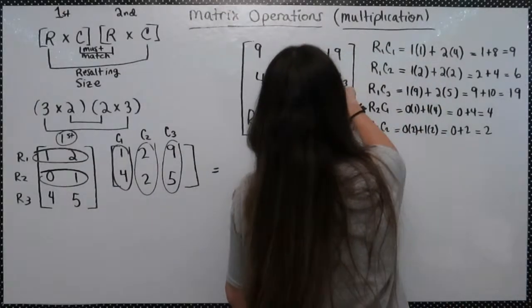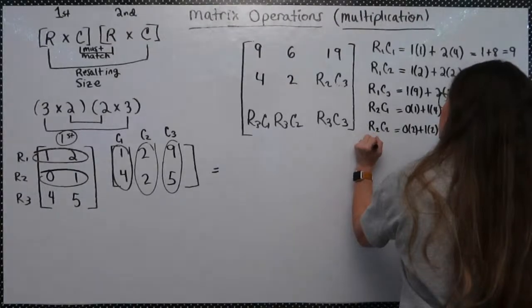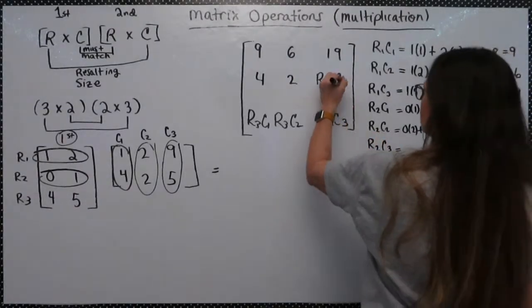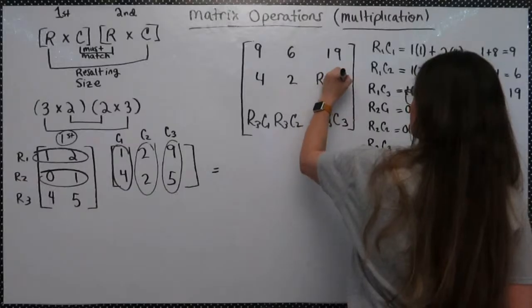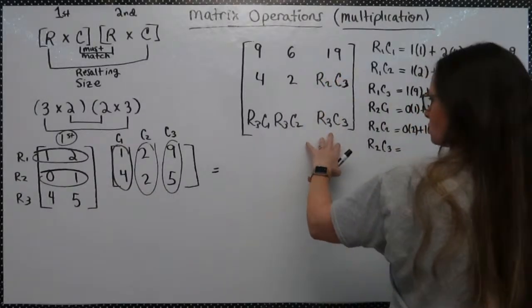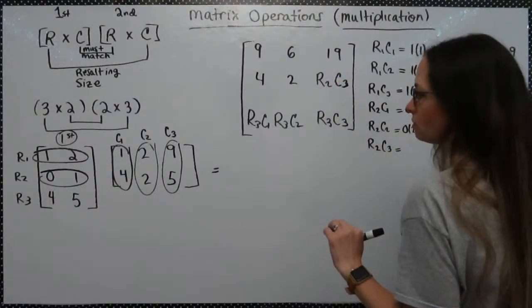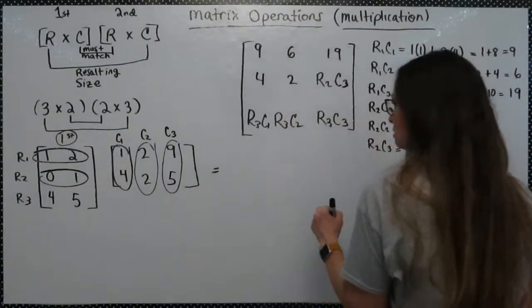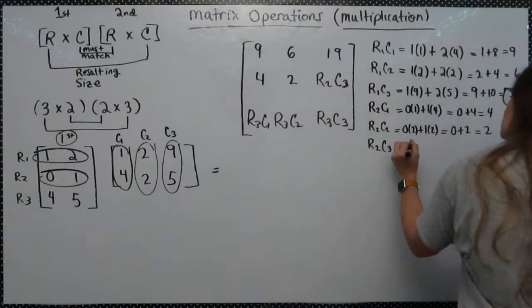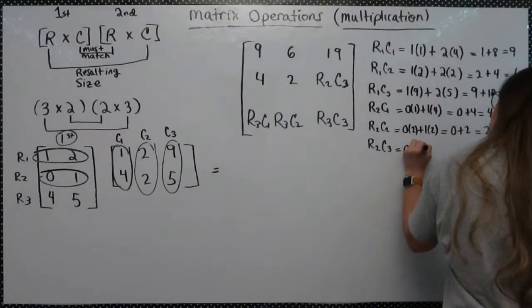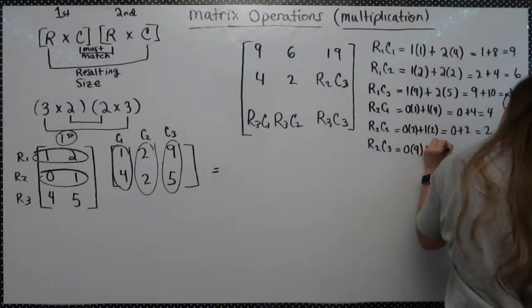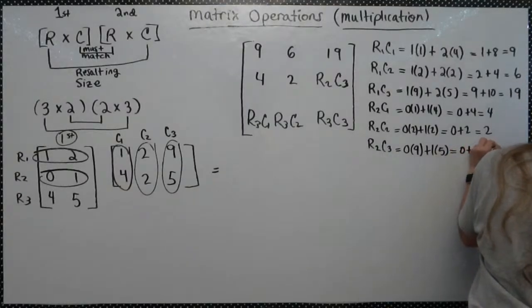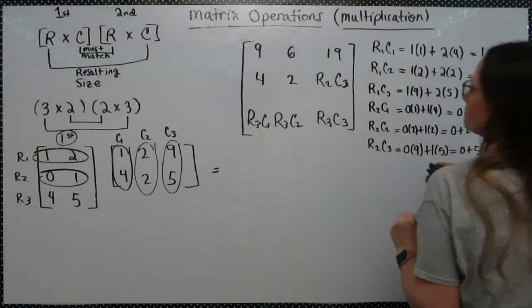And now we'll do the row 2, column 3. And this is kind of how you would build your resulting matrix. So row 2, column 3 is 0 times 9 plus 1 times 5. And that is 0 plus 5, which is 5. I'll put that here.